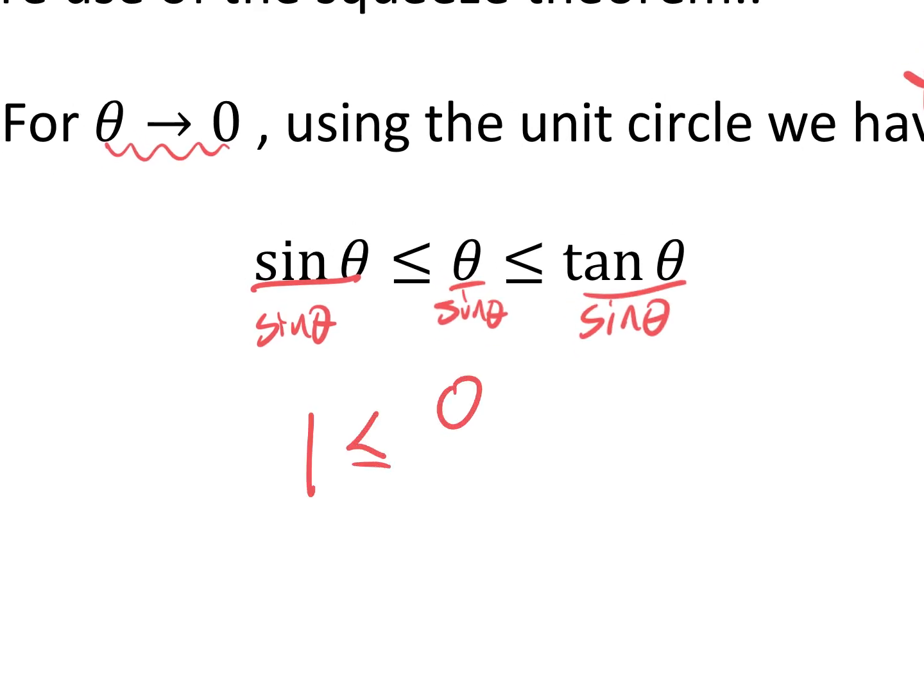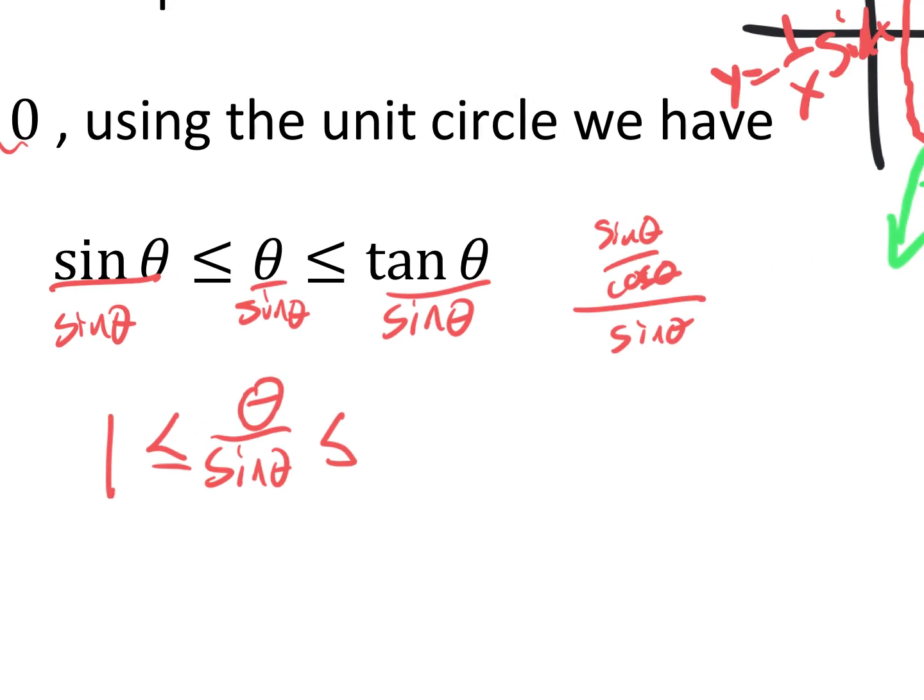We get theta over sine theta. And here, well, this is sine over cosine. That's what tangent is, right? Divided by sine. And we can clean that up by multiplying by the reciprocal, 1 over sine. Sine goes away. And this is 1 over cosine. Okay? 1 over cosine. See that? So this is 1 over cosine theta.